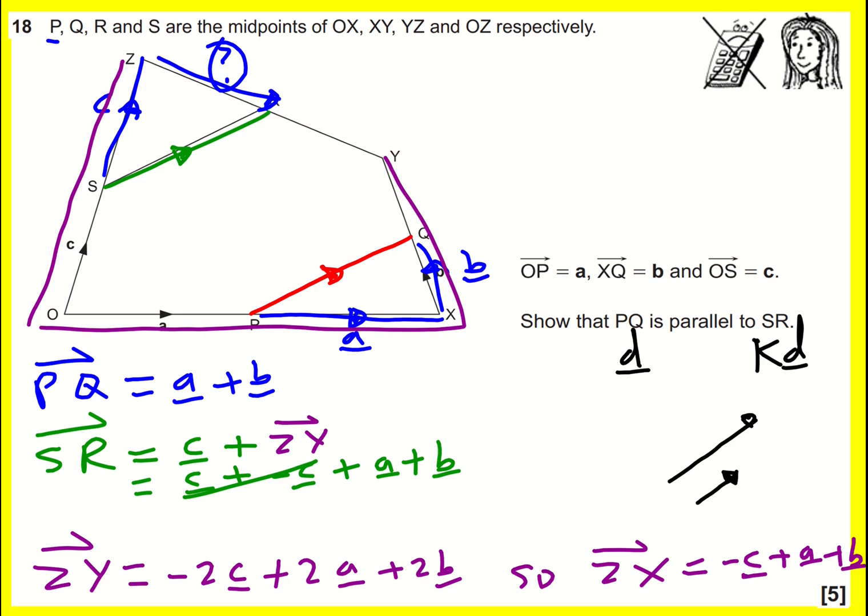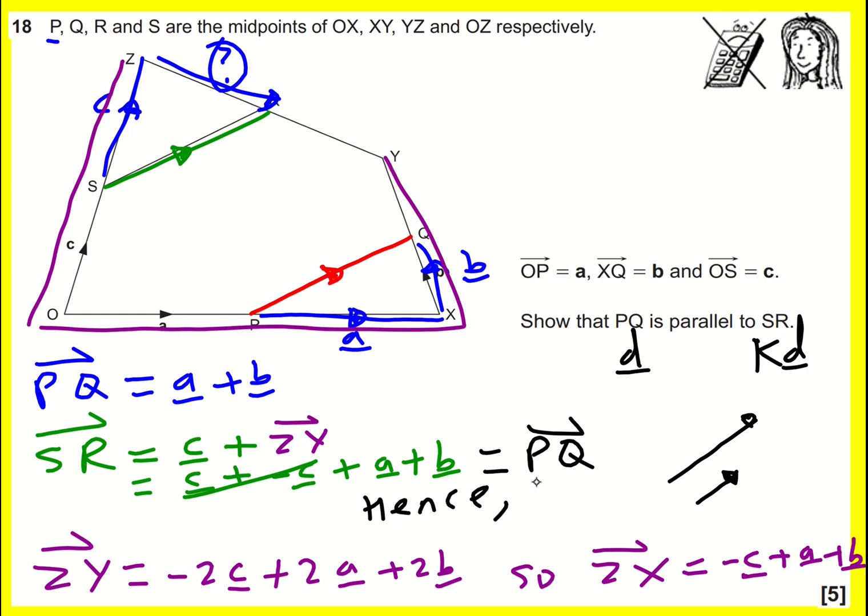The c's are going to cancel out, and I'm just left with a plus b. And actually, to finish this off, it's not that they're just parallel, they're actually equal, which, either way, proves it. So it is a multiple, I multiplied by 1 in this case. I can say it's equal to PQ, and I should just write a conclusion.